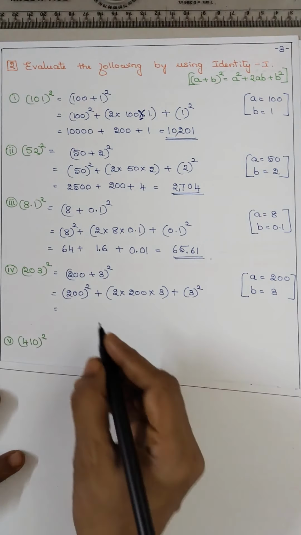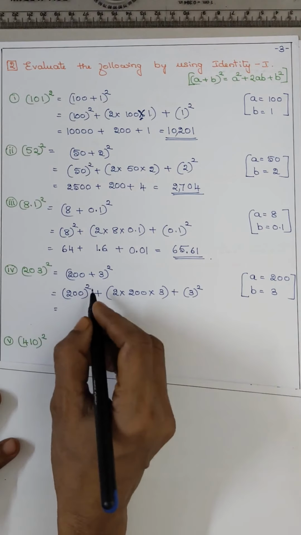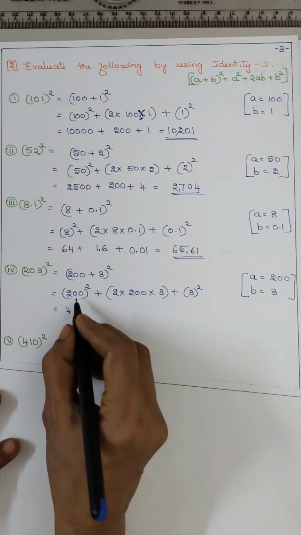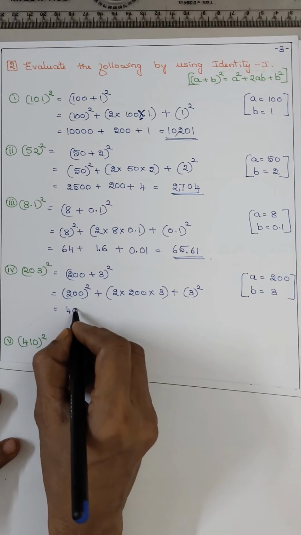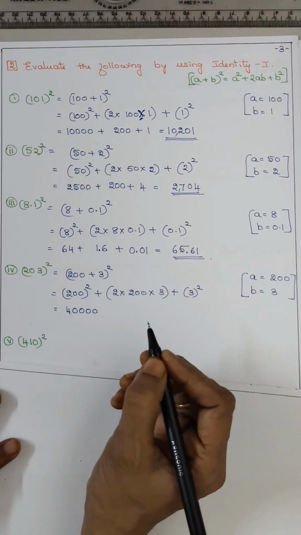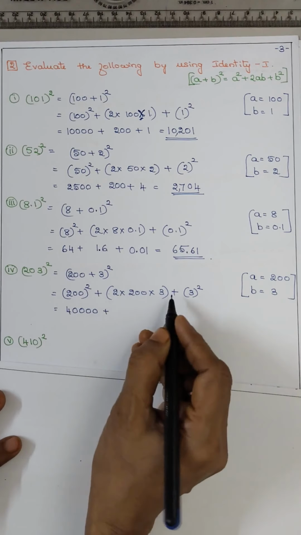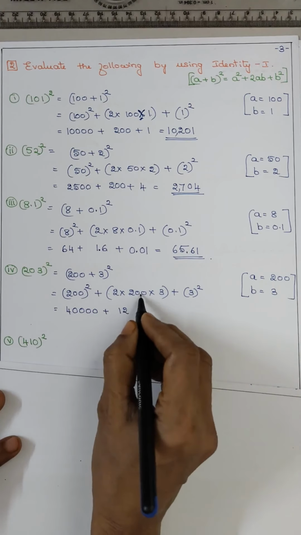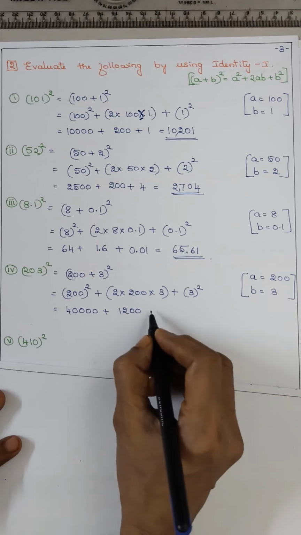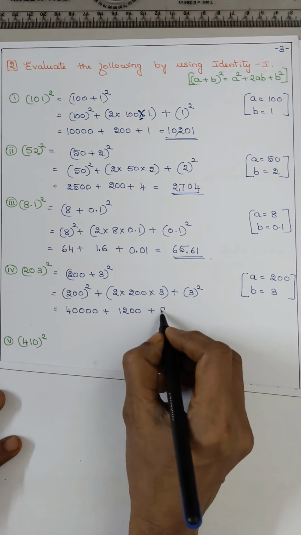Now 200 square, 2 square is 4, 2 zeros in square we have to put 4 zeros, plus 2 2s are 4, 4 3s are 12 and 2 zeros, plus 3 square is 9.